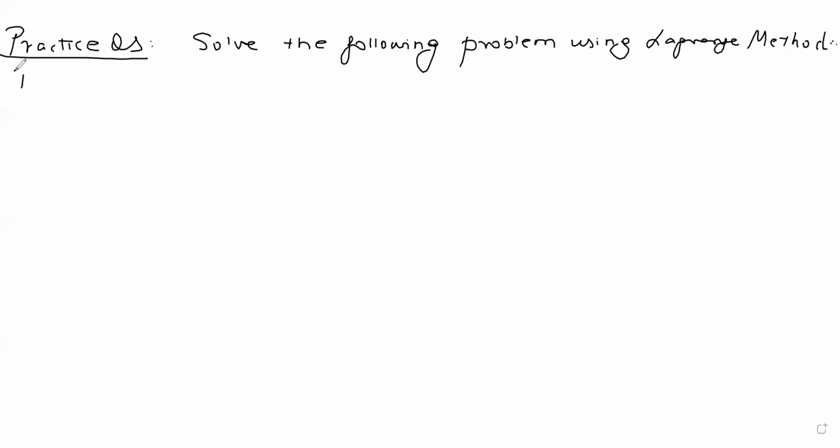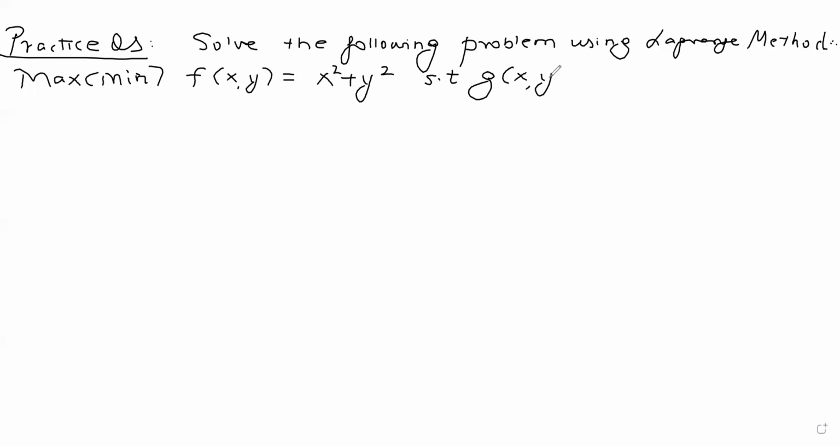Maximize or minimize f of xy equals x square plus y square subject to g of xy equals x square plus xy plus y square equals 3. So basically this is my g of xy and this is my c.